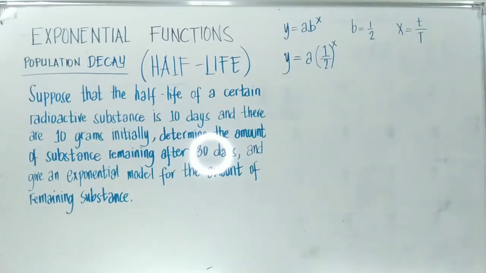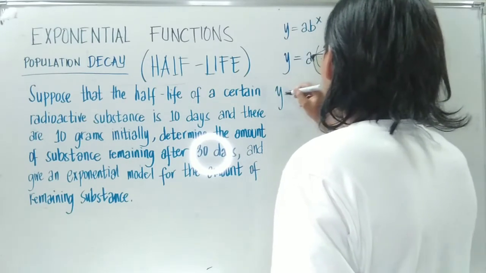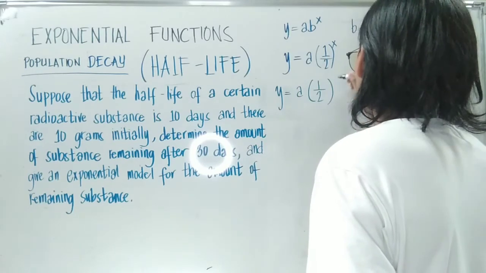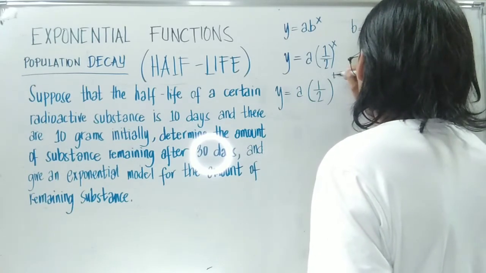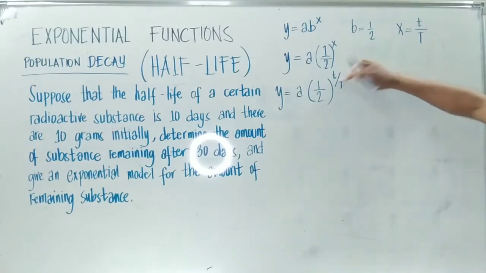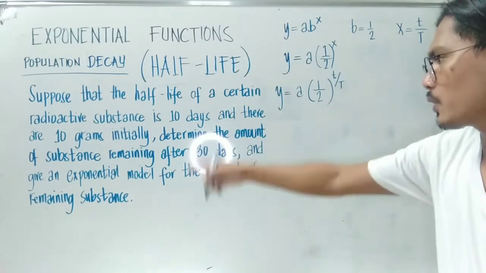So that will be your function. Or it can be simplified as y is equal to the initial amount times 1/2 raised to small letter t over capital T. Okay, so you will understand it when we apply it to your problem.